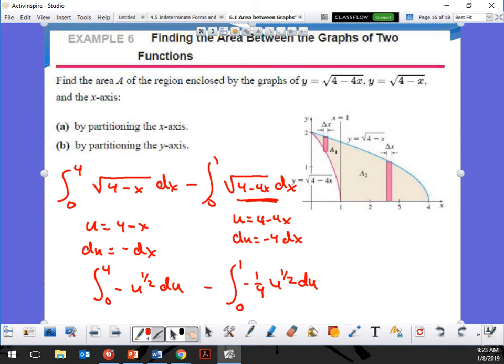So can I take the integration of that? Yeah. Add 2 over 2, and then divide by it, right?